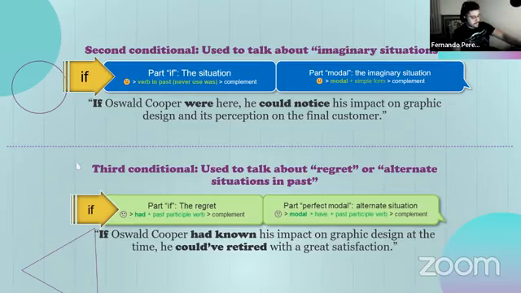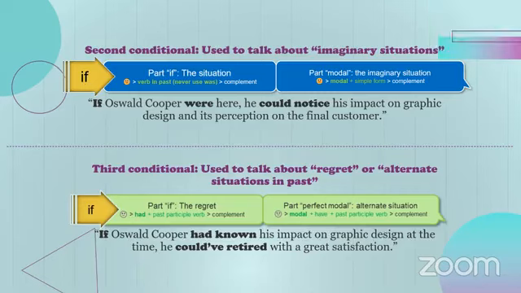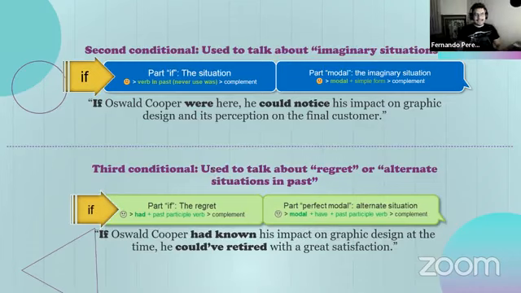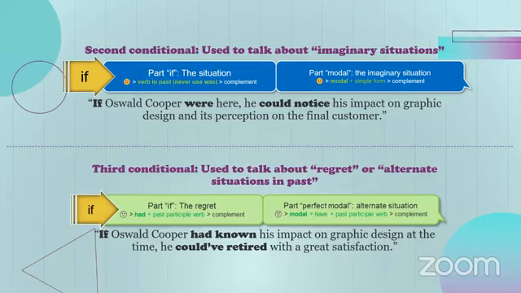Anyone? Or somebody in the chat? Why are we using had in the third conditional? And how do we know when it's necessary to use had?